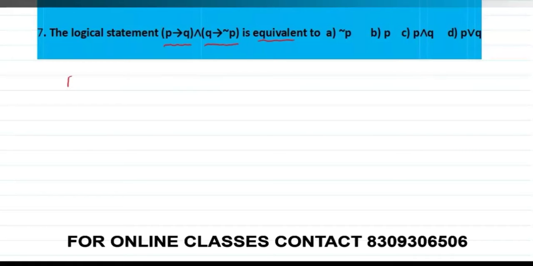Take statement P, Q, P implies Q, and negation P, Q implies negation P. Okay, right.